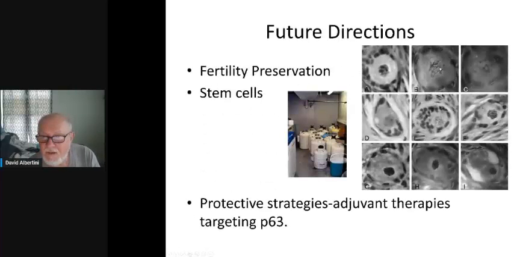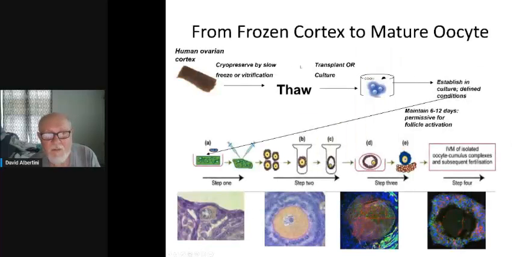The research into the human condition has been stimulated in many ways with the advent of fertility preservation technologies, where, as some of you may know, a piece of ovarian tissue can be brought all the way through to a mature stage through this multi-step procedure that has been advanced and refined by Evelyn Telfer and Richard Anderson's group in Edinburgh.